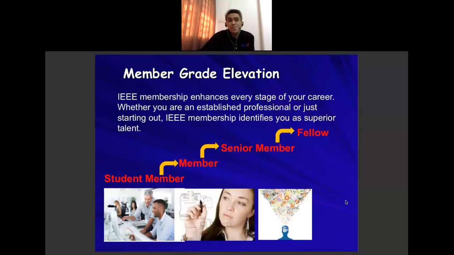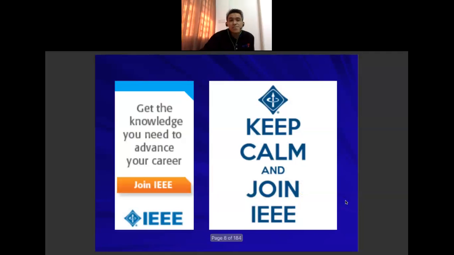After you graduate, you can upgrade your membership to be a member of IEEE. And then after 5 years, you can upgrade to become a senior member, and then fellow, and so on. So come and join IEEE. There are a lot of benefits to being IEEE members.